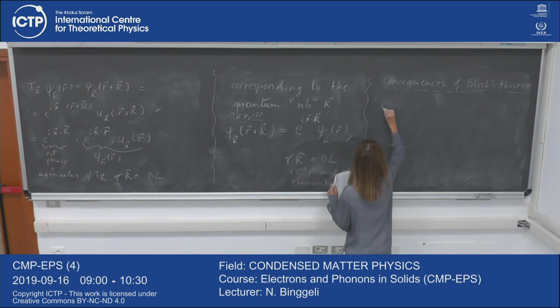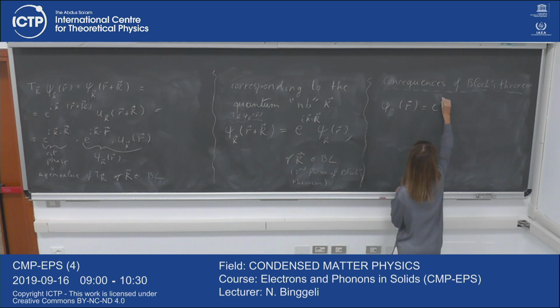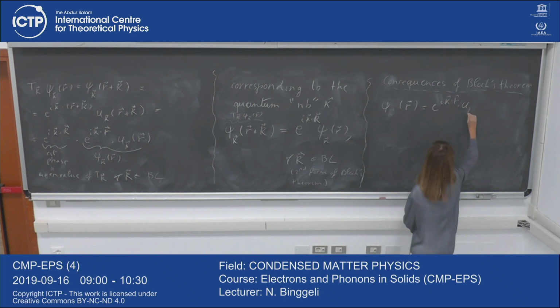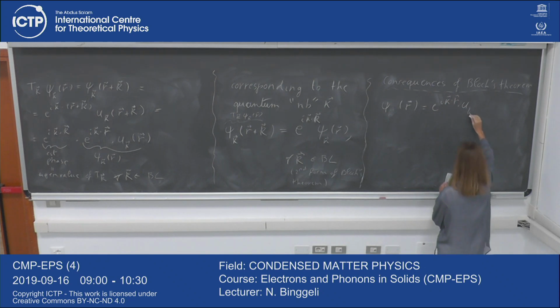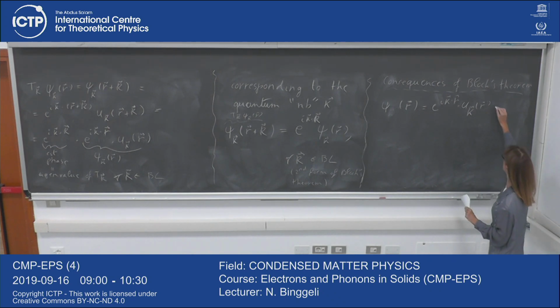So I write my Bloch state as exp(ik·r) u_k(r).